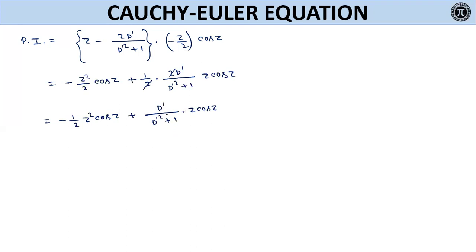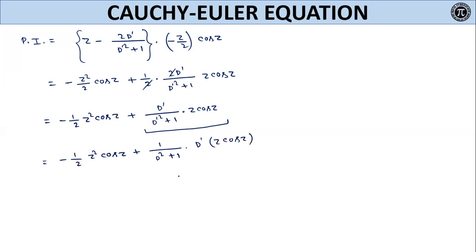now here you can break this part. In numerator this is D', and in denominator this is D'^2+1, and according to numerator D' into z cos z, that means derivative of z cos z. So you can write minus half z square cos of z plus 1 by D'^2+1 into D' of z cos z.